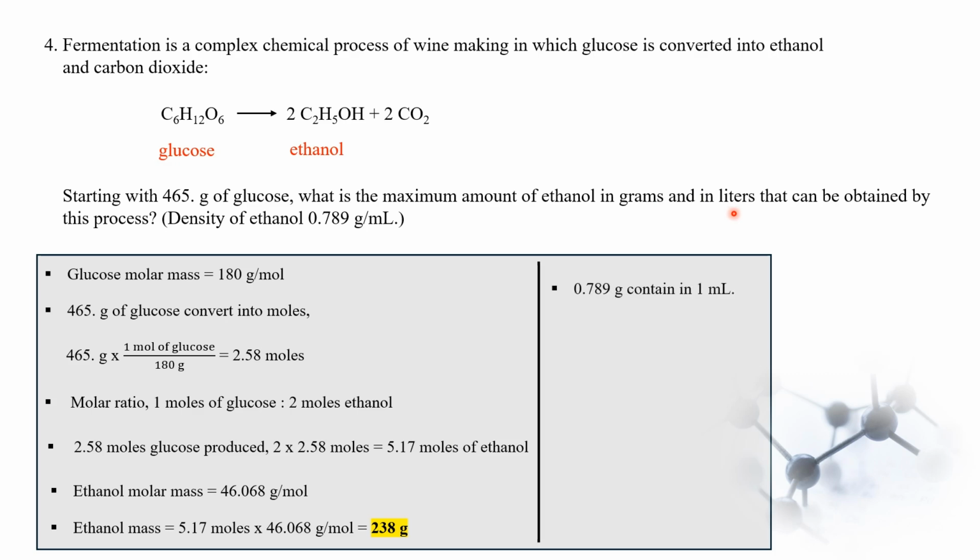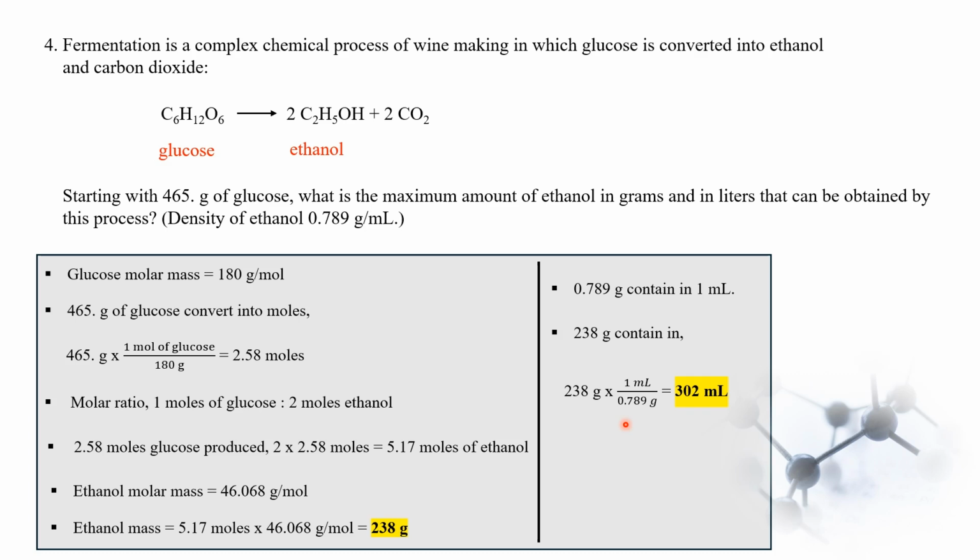For that we need density. Density is 0.789 grams per milliliter. The meaning is 0.789 grams in 1 milliliter. So 238 grams is in how many milliliters? You can use a conversion factor. Conversion factor means a fraction. 0.789 grams equals 1 milliliter, an equality.